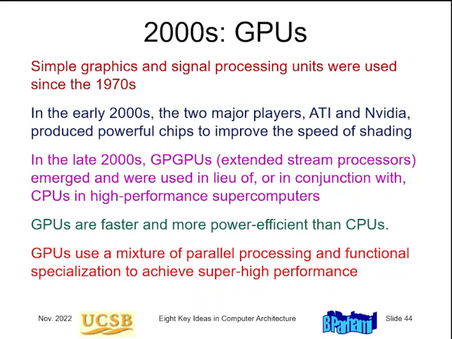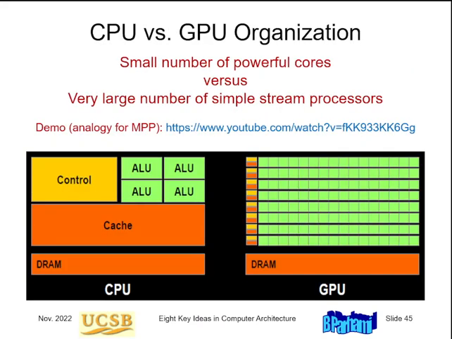Well, they're actually not all CPUs. Most of them are GPUs, because GPUs are more efficient in doing arithmetic operations, and they also use less power. So it makes sense to use GPUs instead of CPUs. We still use some CPUs, but most of the units on a high-performance computer are actually GPUs.